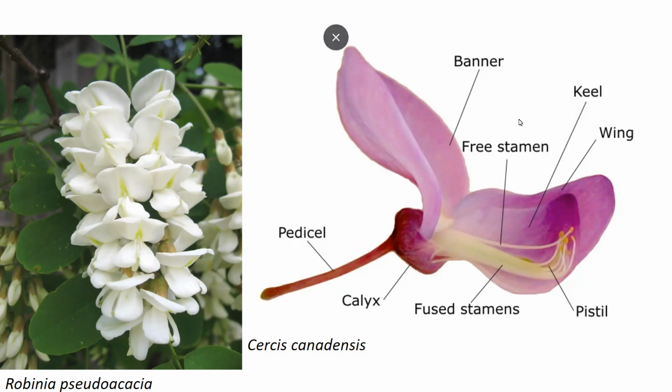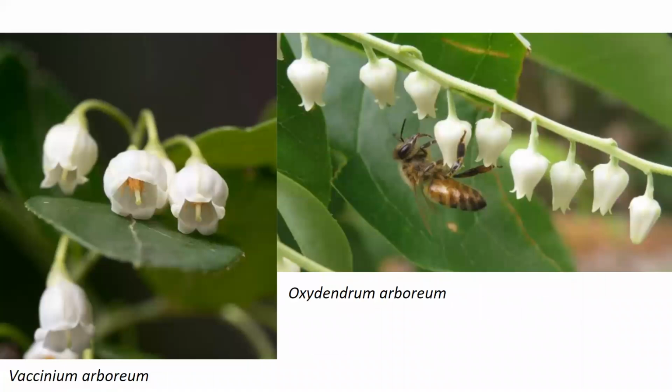And you can see that these petals are more highly evolved. So you have recognizable parts like the pedicels and the petals. Here you can see the pistil here in the center and the stamens that are also clustered in the middle. But instead, some of the petals are kind of fused or specialized. And so they look a little bit different. The symmetry is just a little bit different here.